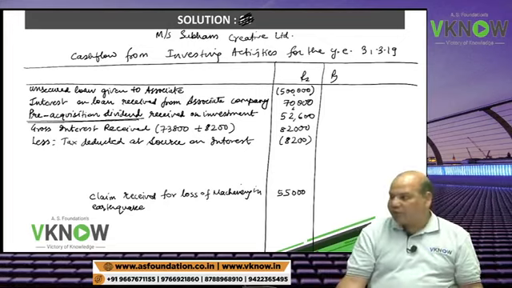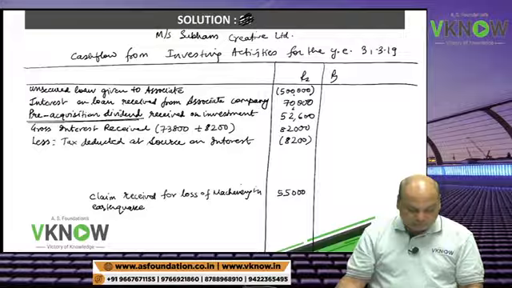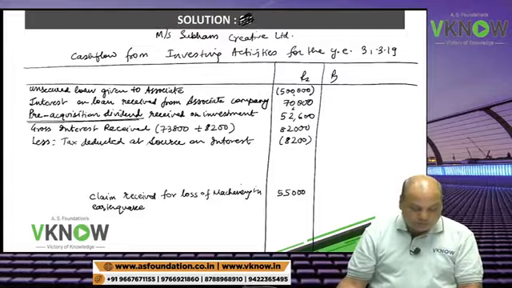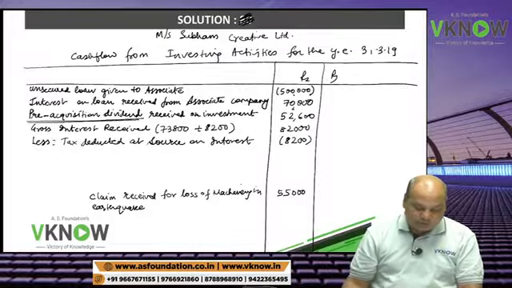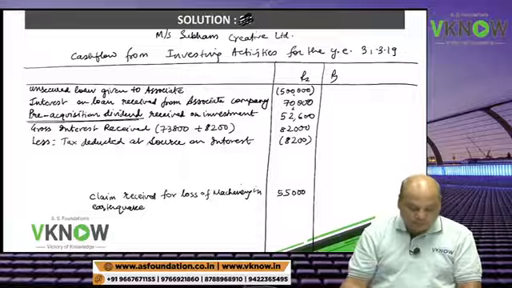Separate presentation of taxation. Then we have purchase of debentures of X Limited on 1st December 2018 which are redeemable within 3 months. So this is a cash equivalent item. Cash equivalent item will not be considered here.